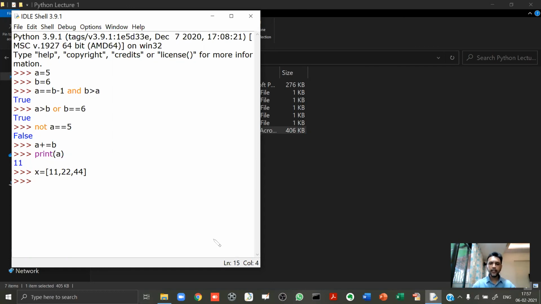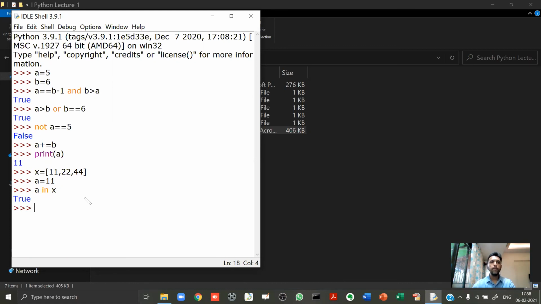Now let's say there is a variable a which is equal to 11, and let's say I write this way, a in x. Now this in over here is called membership operator. What is it called? Membership operator. Now this membership operator will check whether a is in x, and if a is in x, then it will return true. So let's see.